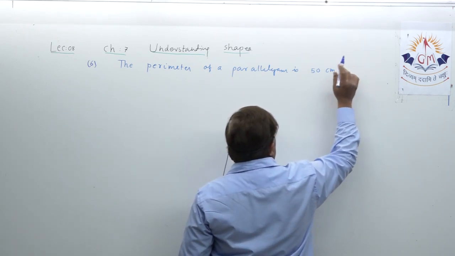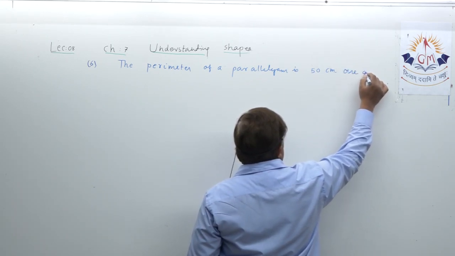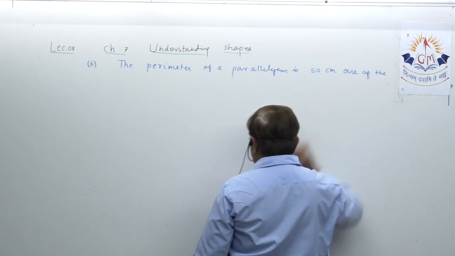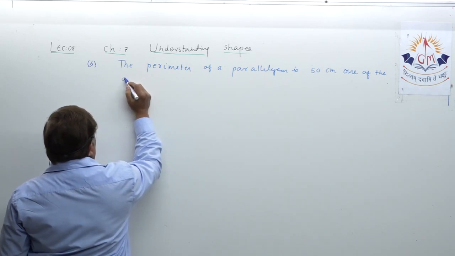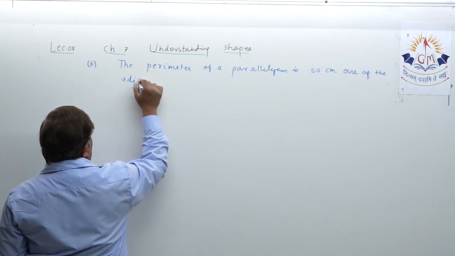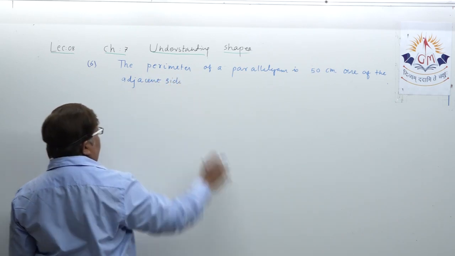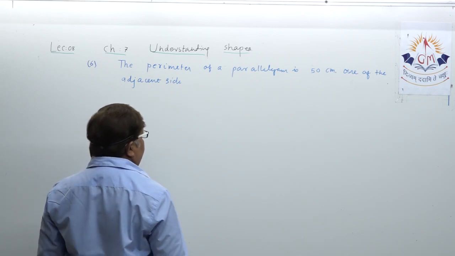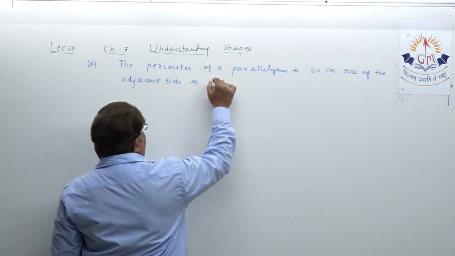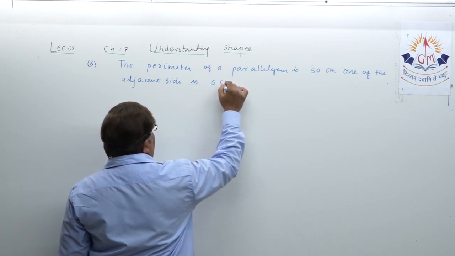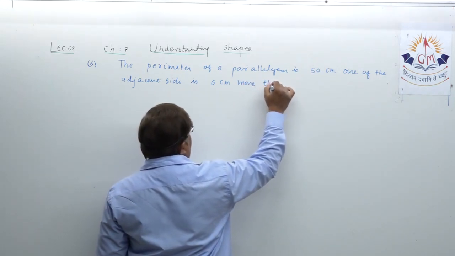Then next, one of the adjacent side is 6 centimeter more than other side.